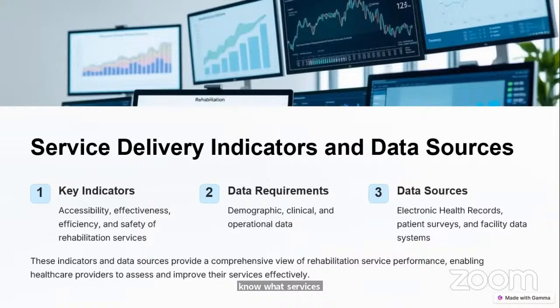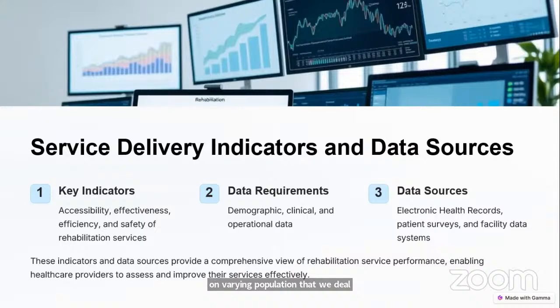For instance, if in your demography you discover that mostly the clients that attend the clinic are pediatrics or mostly elderly patients, definitely this will determine what best we have to provide for the clients to benefit. Another issue is gender and socio-economic status. This will all help us to assess the impact of our services on the varying populations that we deal with.